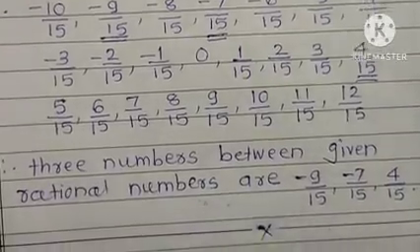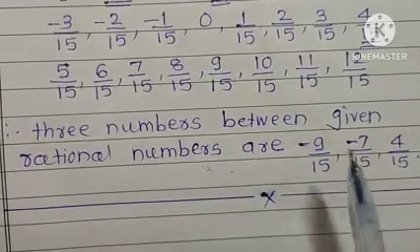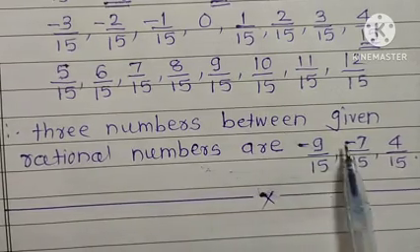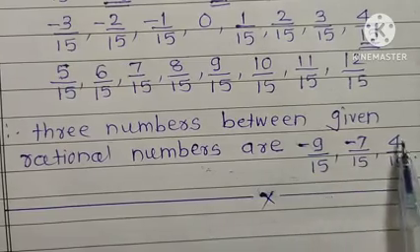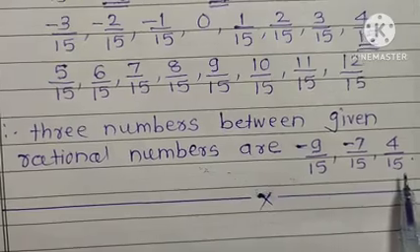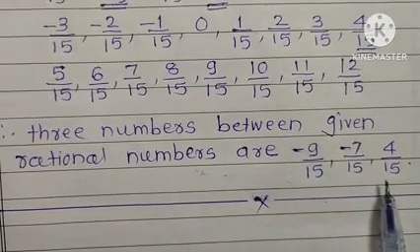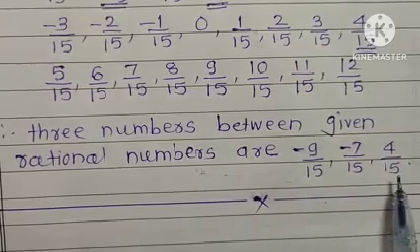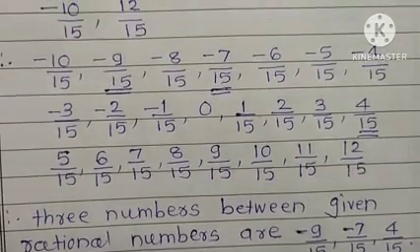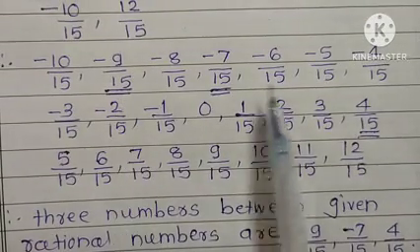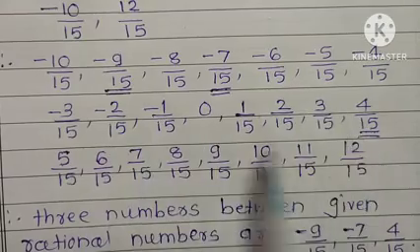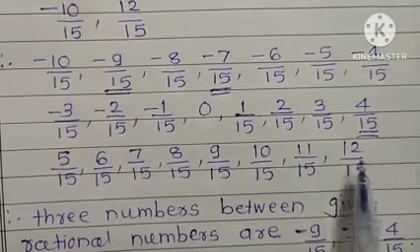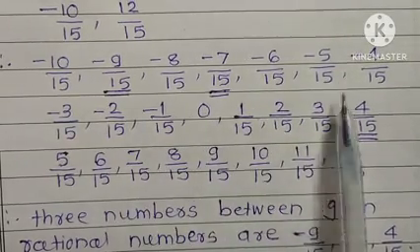So therefore 3 numbers between the given rational numbers are minus 9 by 15, minus 7 by 15 and 4 by 15. This is the answer given in the textbook, but it is not compulsory to write only these 3 numbers. Please note, in this way there are so many numbers between these 2 numbers. Any 3 you can write. Okay.